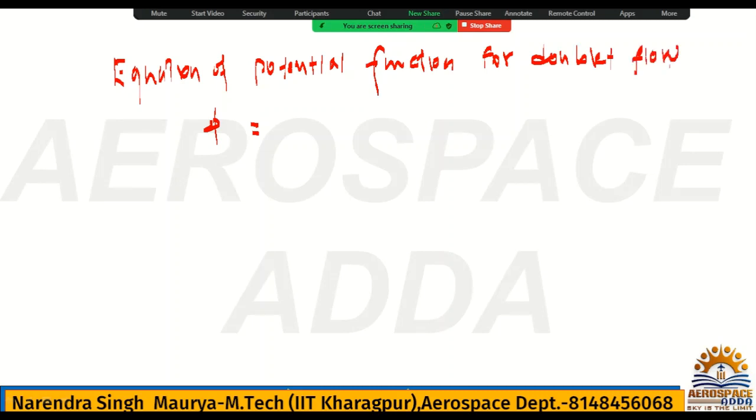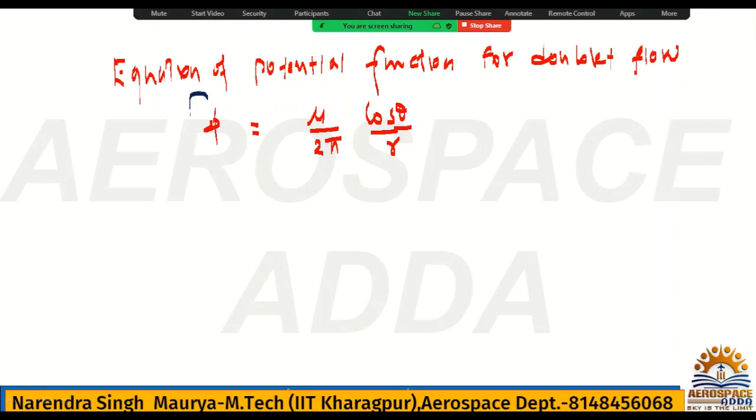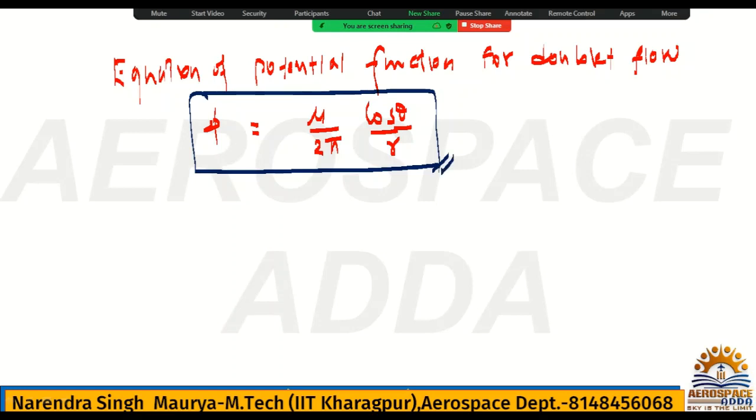What is the phi? Phi will be mu upon 2 pi cos theta by r. This is the equation of the potential function.